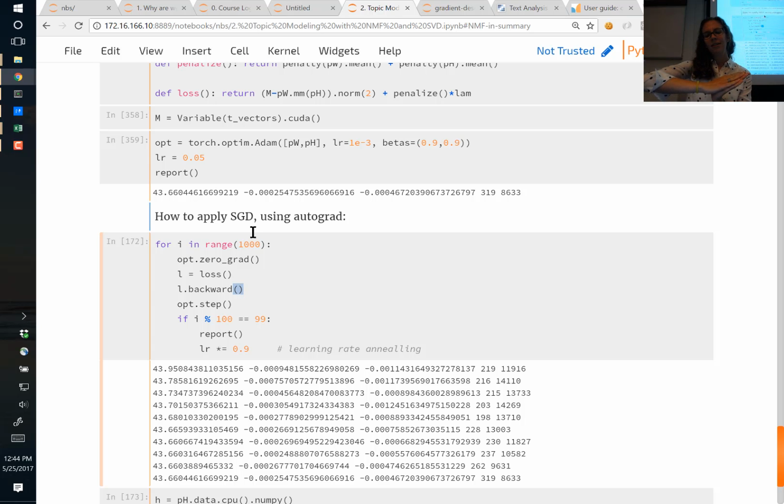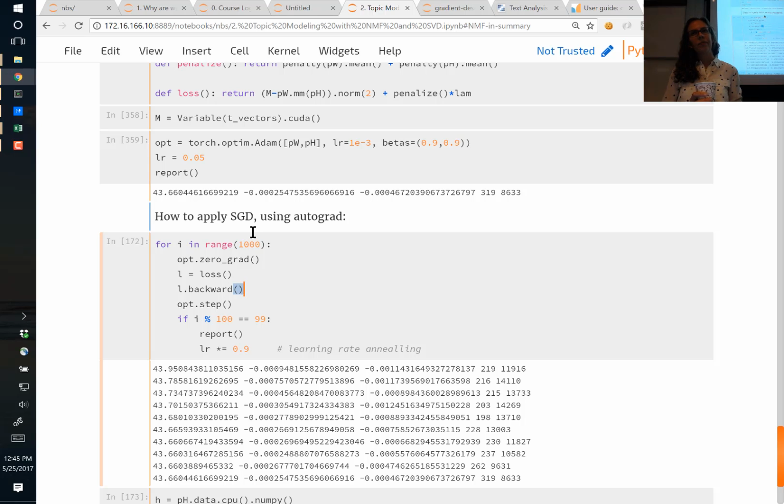L equals loss calculates the value of the loss. L is now a variable, which remembers how it was calculated, because requires_grad equals true. L.backward is a PyTorch method that then calculates all of the gradients. And now that we have the gradients, the optimizer step modifies them by the learning rate and updates the weights.